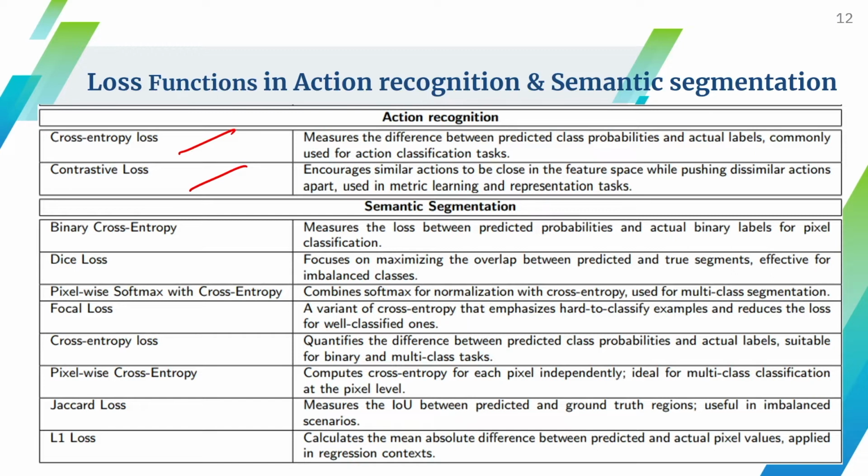Now, for semantic segmentation, you can apply either binary cross entropy or cross entropy, or the pixel wise softmax cross entropy methodology. The pixel wise softmax cross entropy method combines the softmax for normalization with cross entropy, and it is mainly used for multi-class segmentation.